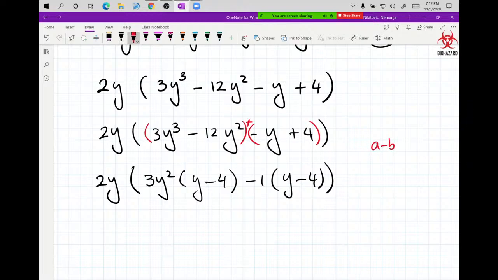So if you have a minus b, you can factor out minus 1 and then have it as b minus a. My goal was to change all of the signs in the second parenthesis so they can match these ones so that I can factor them. Now they have the same order, same sign, everything is the same, so I can factor them together.